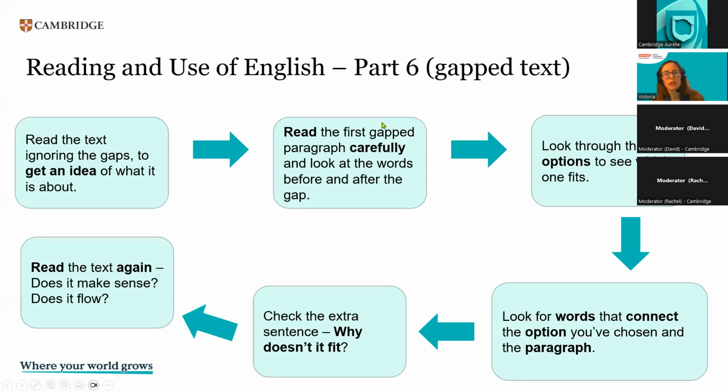So how should we approach part 6? We start in the same way as in the previous part 3, I think it was. Read the text, ignore the gaps to get a general idea of what it is about. Then focus on the first gapped paragraph.